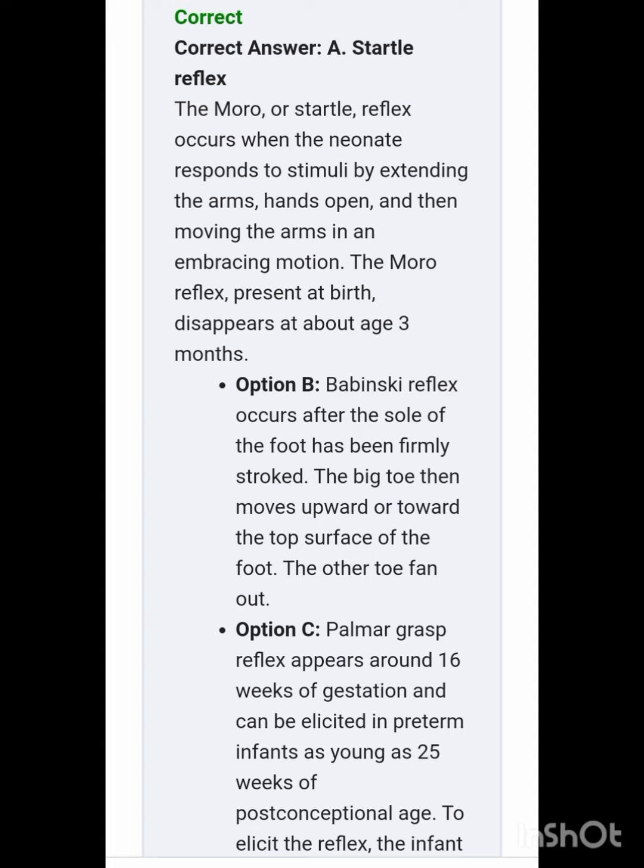The palmar grasp reflex will be present around 16 weeks of gestation and can be elicited in preterm infants as young as 25 weeks. Palmar grasping means when you give your finger, the baby will hold your hand very strongly. That is called the palmar grasping reflex.